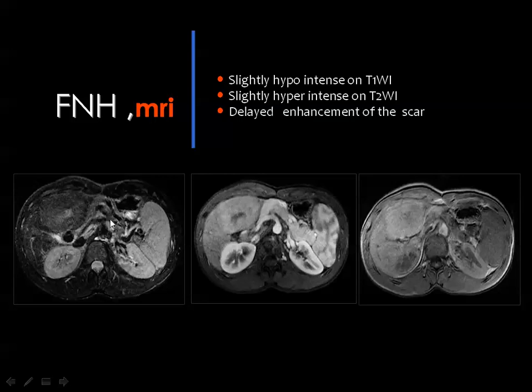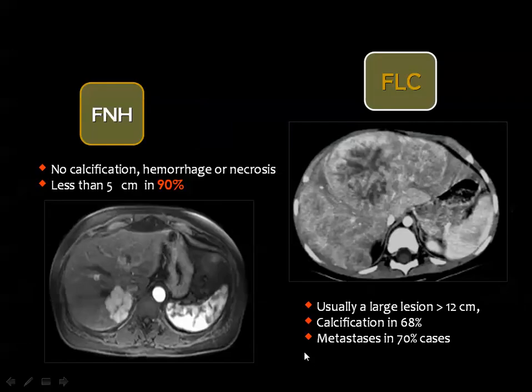Then focal nodular hyperplasia by MRI will appear of intermediate signal in the T1 and T2 weighted images, and it will show enhancement, and the scar will show enhancement in the delayed phase. Then this is the difference between focal nodular hyperplasia and fibrolamellar hepatocarcinoma.